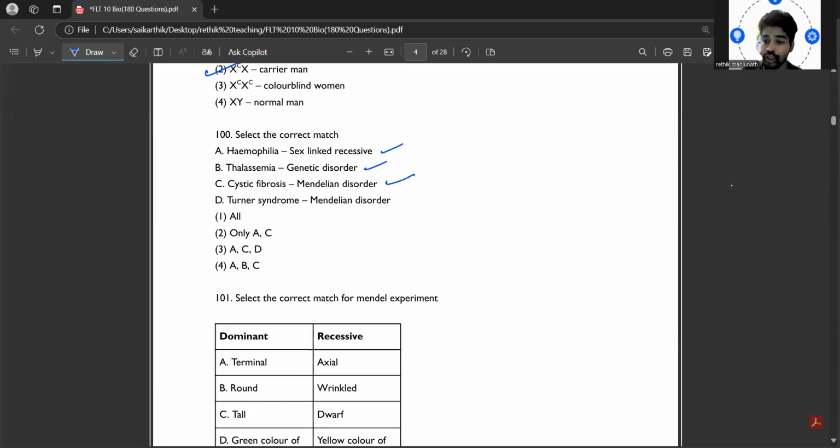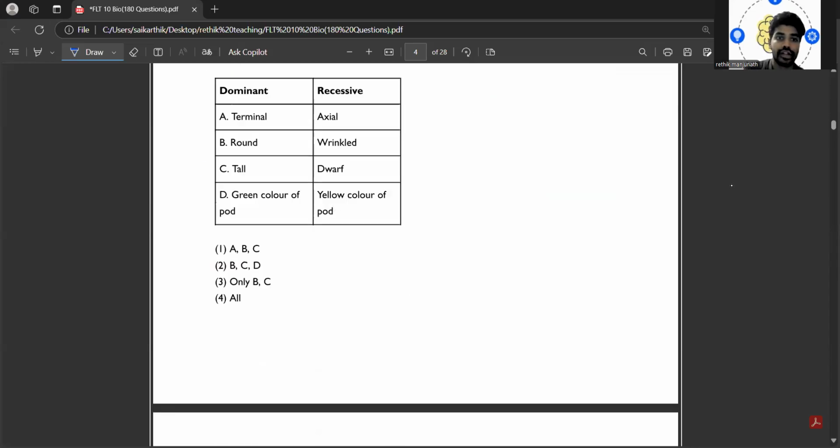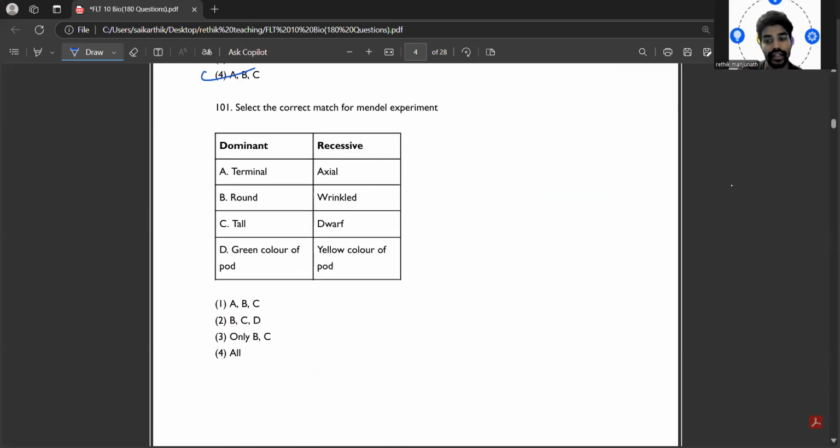Then Turner syndrome, it is actually a chromosomal disorder. So correct matches are A, B, and C. The fourth option is correct.